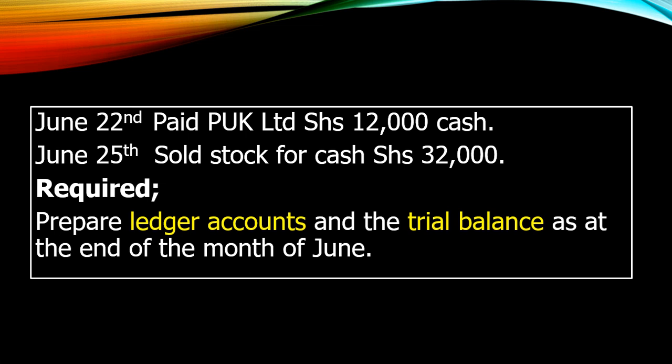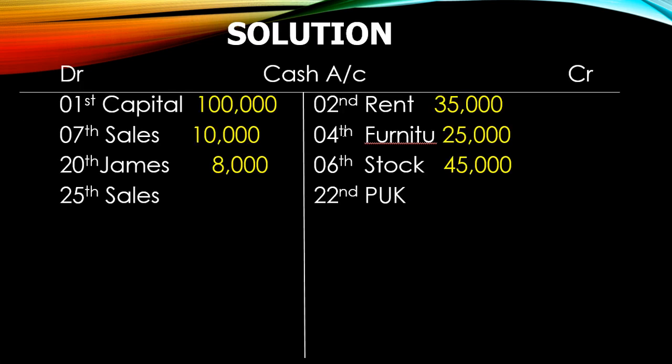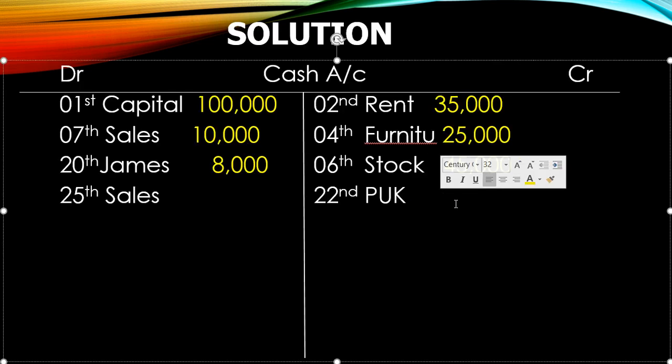Remember, we had bought goods from PUK on credit, and now we are paying back PUK 12,000. So what you do, you go to the cash account and you credit it, 12,000.